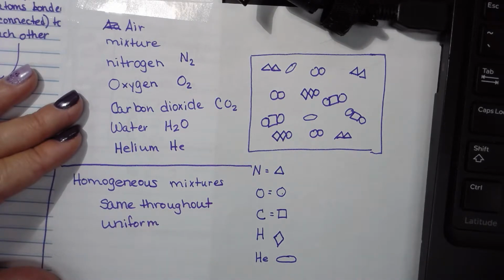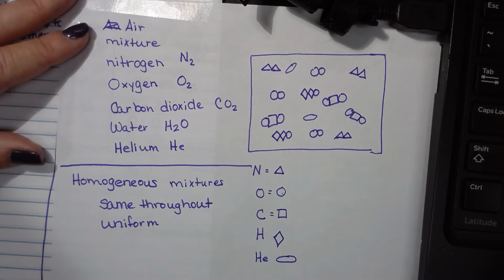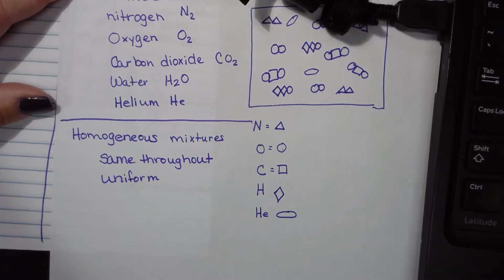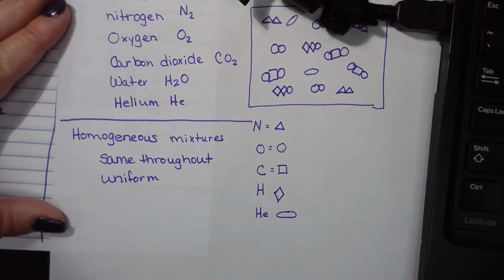Basically, what this means is that in all parts of the sample of the substance, the different parts of the mixture, the atoms and the compounds, are distributed evenly. So, for example, let's take two elements mixed together.